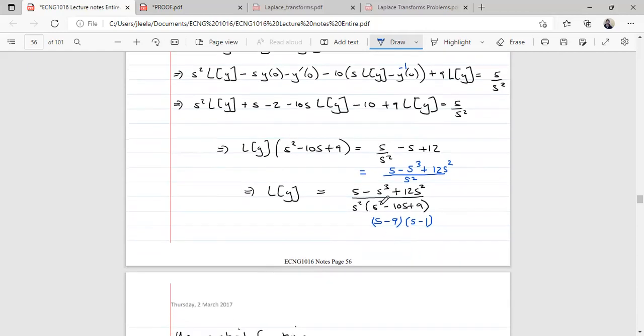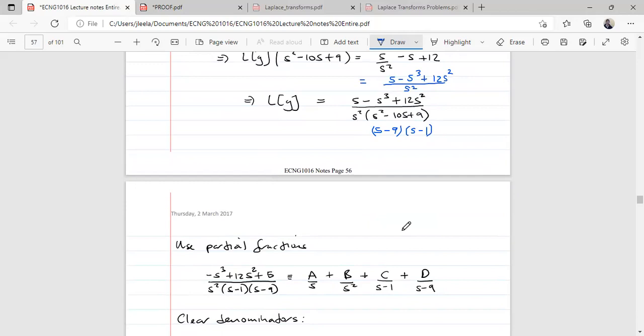And if you notice here, this s squared minus 10s plus 9 could be factorized. It is a reducible quadratic factor, so you end up with two simple factors, right? Now this is a repeated factor. S squared is a repeated simple factor.